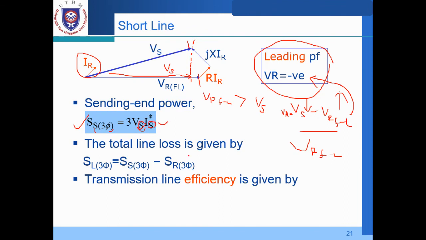The total line losses, S line for three phase, is given by the sending apparent power minus the receiving apparent power. The efficiency of the transmission line is the receiving power PR over the sending power PS.